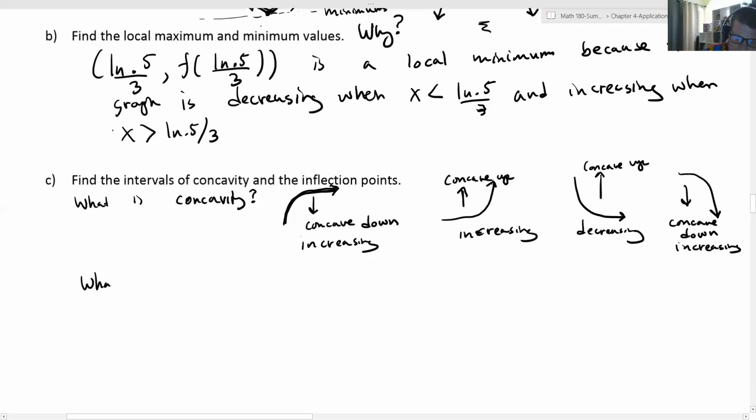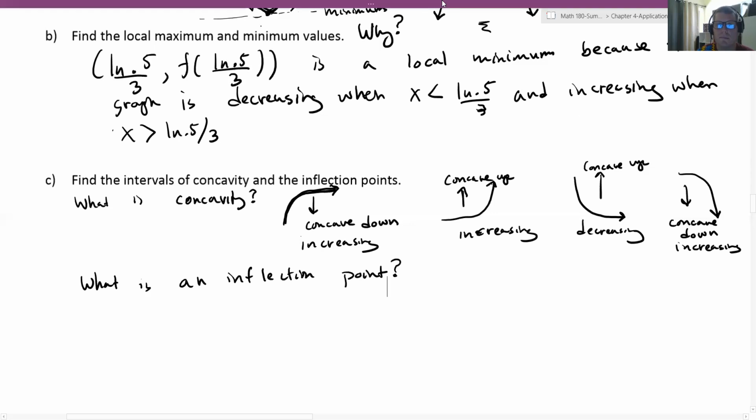What is an inflection point? It's going to be the second derivative set to 0, exactly. But what is it from a graphical standpoint? What does it have to do with concavity?